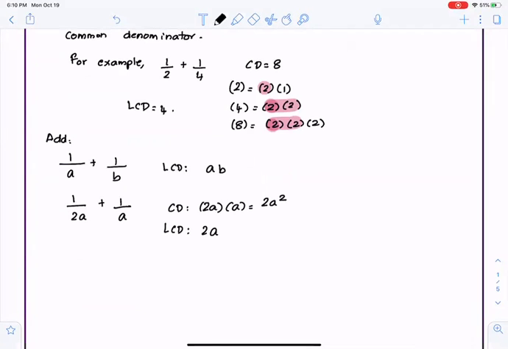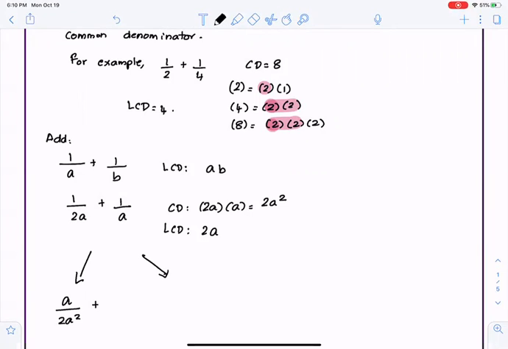So suppose I use the common denominator 2a squared. To get to 2a squared, I would multiply and divide the first fraction 1/2a by a. So we have a over 2a squared. Plus, I need to get a 2a squared in the denominator of this second fraction.